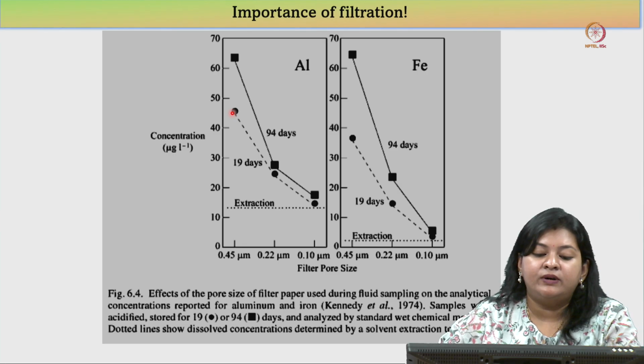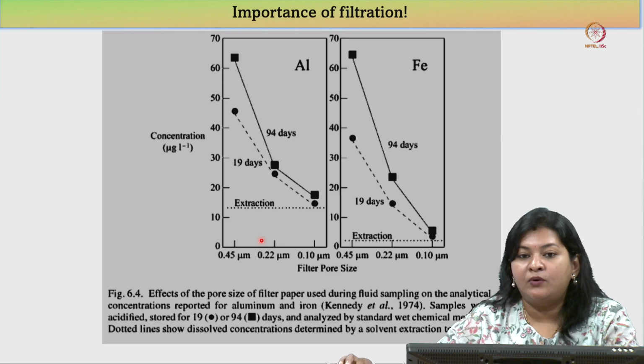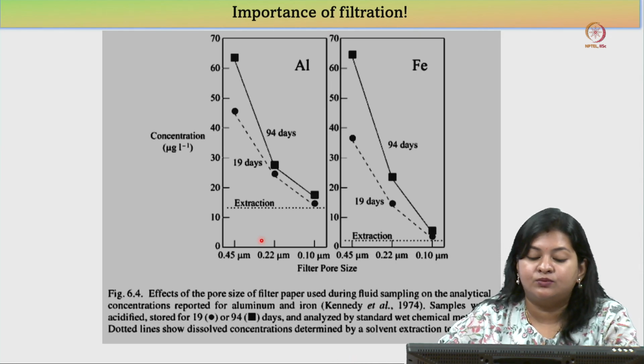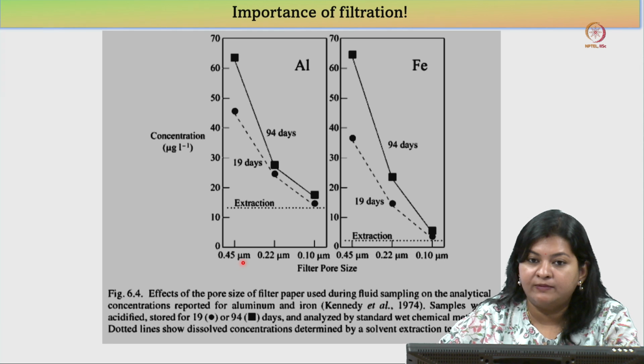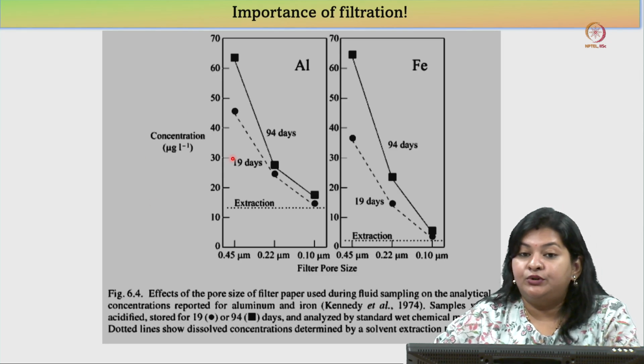It was filtered using these three pore sizes. The same sample was filtered using three different filter papers with different pore sizes. One pore size was 0.45 micrometer, the other was 0.22, the other was 0.10 micrometer. After 19 days, what do we find?